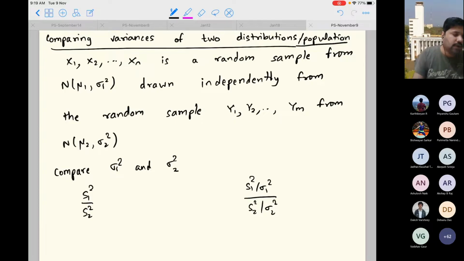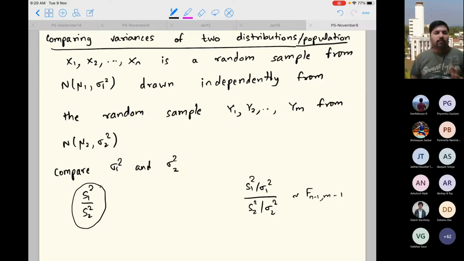This is the random variable that I'm going to look at, and I will show that it follows an F density with n minus 1 and m minus 1 degrees of freedom. Once you have this, computing s1 square by s2 square, we can have all those things in place. This is what I really want to do.